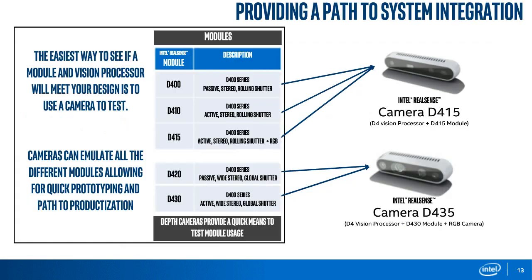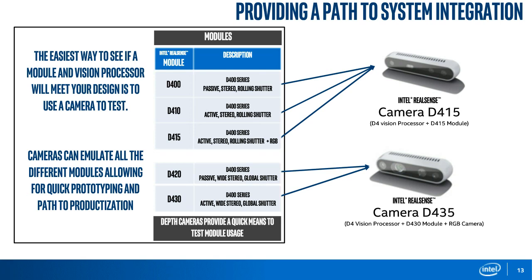Remember when I was talking about how the modules can be emulated by the cameras? Here is exactly what I was talking about. The 415 camera can have the same response as the 400, 410, and 415 modules. In our SDK, you can turn off the emitter, you can turn off the RGB, and that way you can see maybe that your solution can use a less expensive camera like the 400 to build your product.